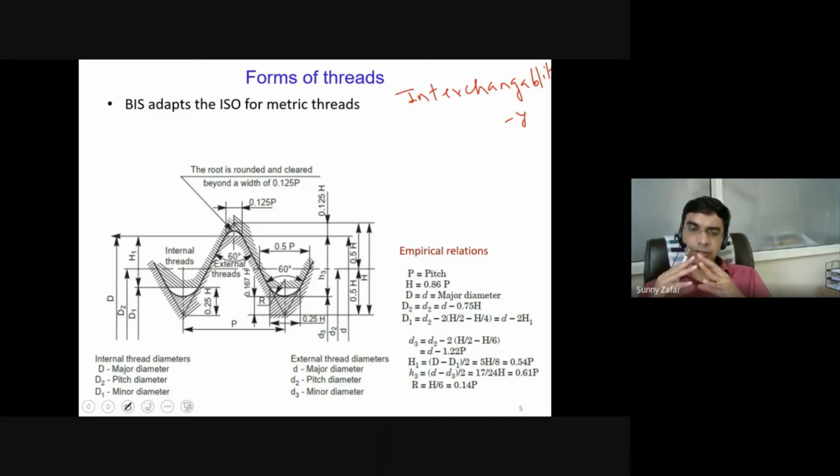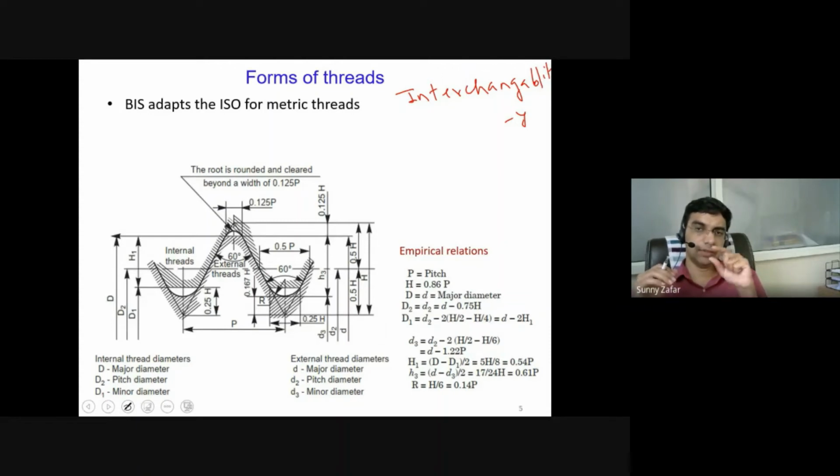But later on it was realized that if a particular component, say a particular gun which is made in Germany and follows the German standards, is sold worldwide, and some component is not working, or there is a fastener inside that gun, and we want to replace it, then if it is not following the international standard, we cannot change it easily at a different place.